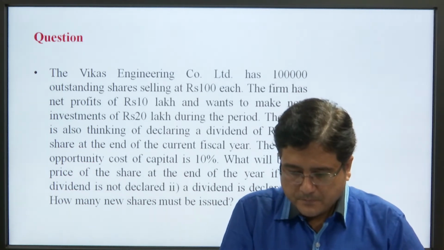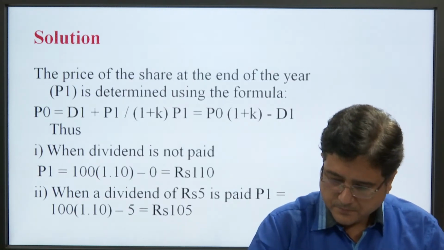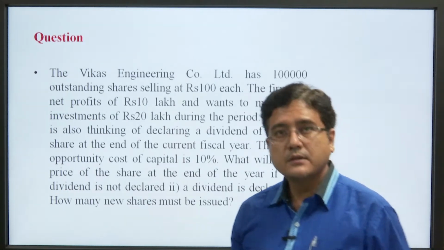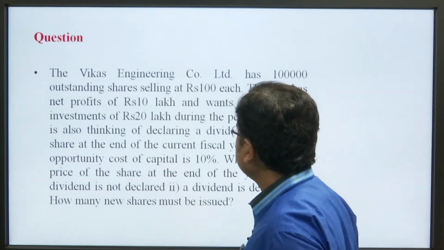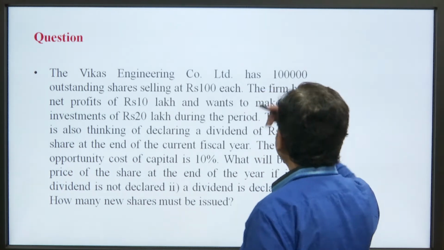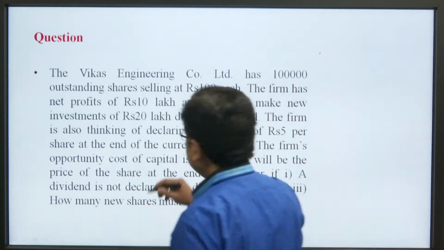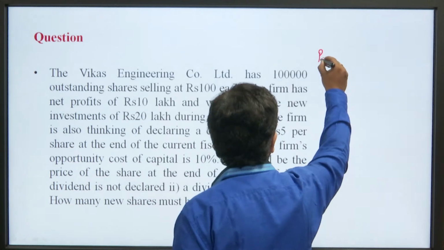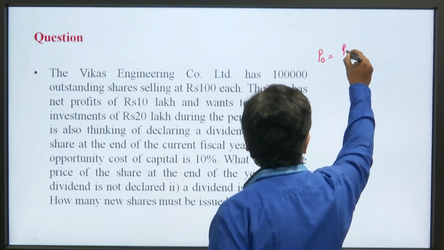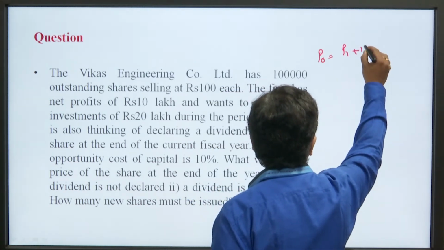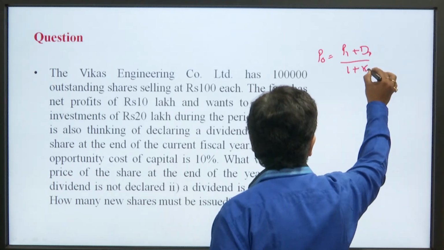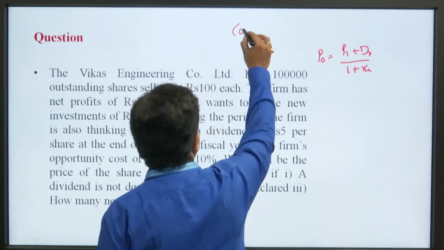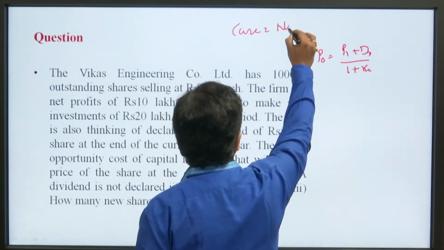Okay. So, I am doing this example here again. So, we take the formula P naught equals P1 plus D1 divided by 1 plus KE. The case is no dividend.